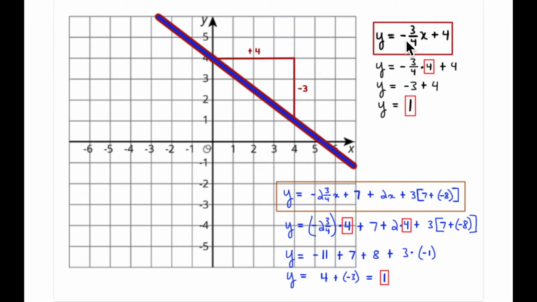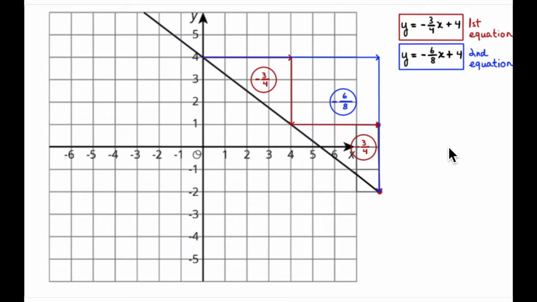So these two equations are equivalent, and they have infinitely many solutions. And I had said before that I took the easy way out, where I just wrote an equivalent fraction. And it was -6/8, which is equivalent to -3/4.